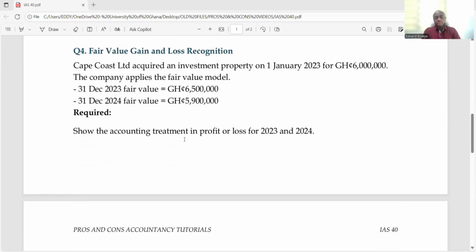So Cape Coast Limited acquired an investment property on 1st January 2023 for 6 million. The company applies the fair value model. One thing we have to know is that under fair value, there's nothing like depreciation.